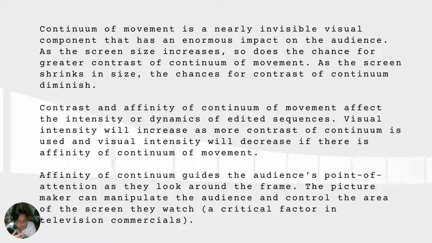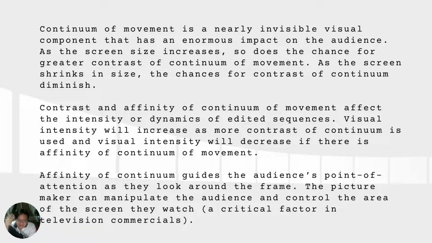The picture maker can manipulate the audience and control the area of the screen they watch. Okay, this is a critical factor in television commercials because you only have a very short amount of time. But in complete films, the audience should be unaware of the editing.